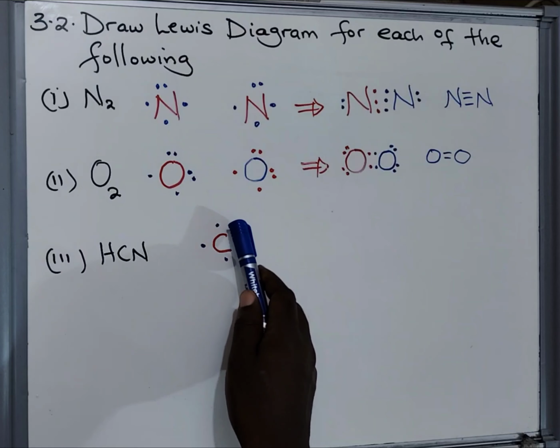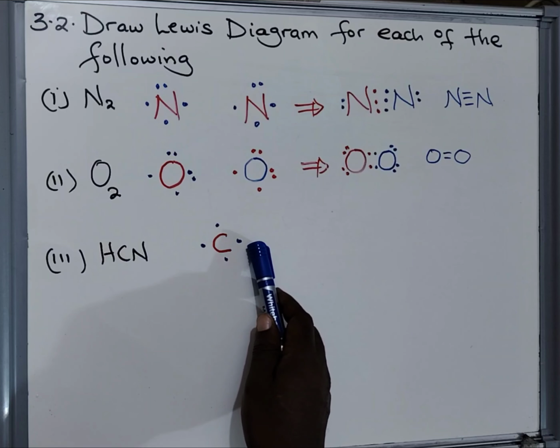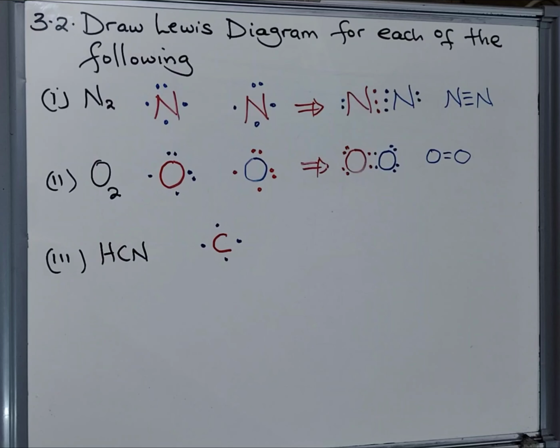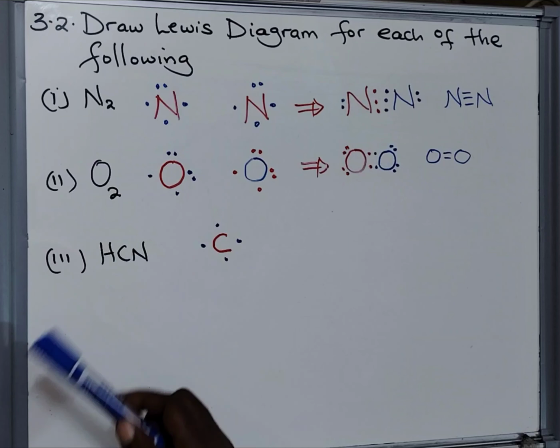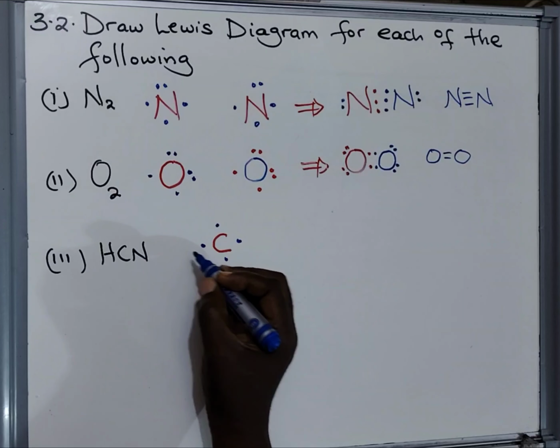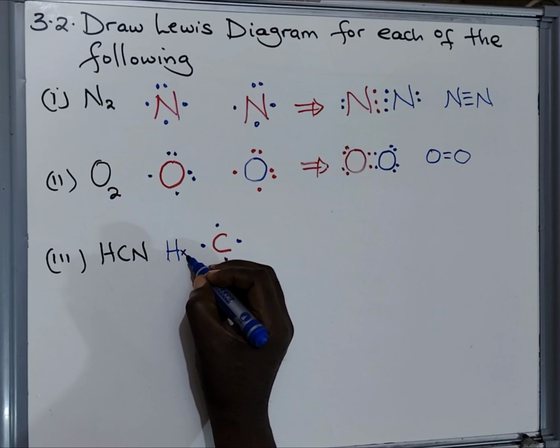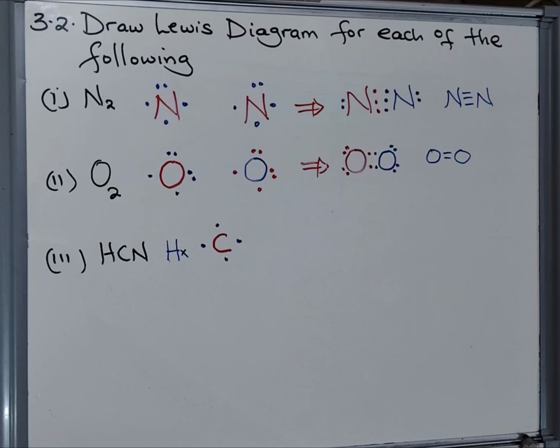You have to know that each unpaired electron reflects the potential to form a bond. Then we have this side hydrogen. So our hydrogen will come here. And remember, it has that 1 electron.